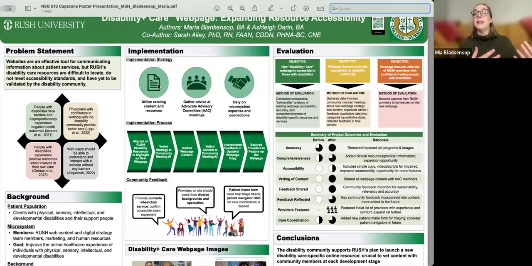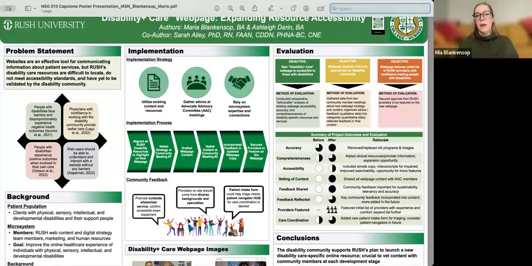A disability isn't a pathology, and it isn't necessarily that every single person with a disability needs to see an endocrinologist or a cardiovascular specialist. But just like any other member of a population, they might need to see a provider, and they want to meet with someone who can accommodate, understand, and listen to them. And we can get that feedback from something like the Advocate Advisory Committee, which we will go through with our little process here.